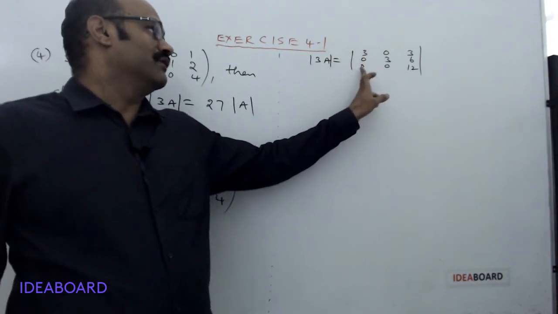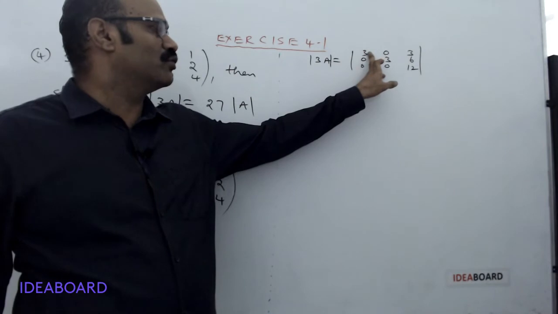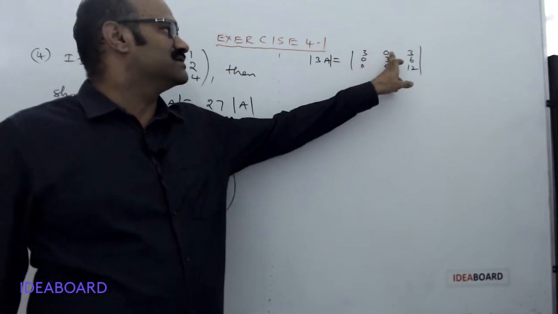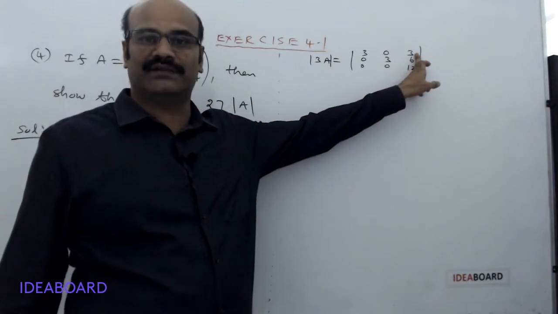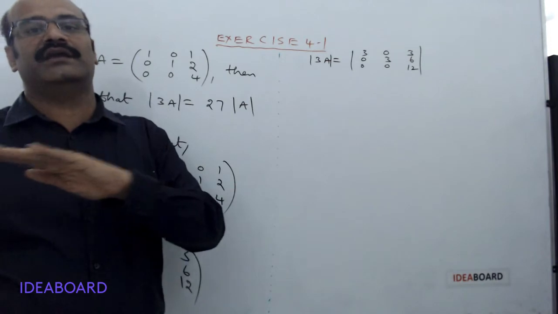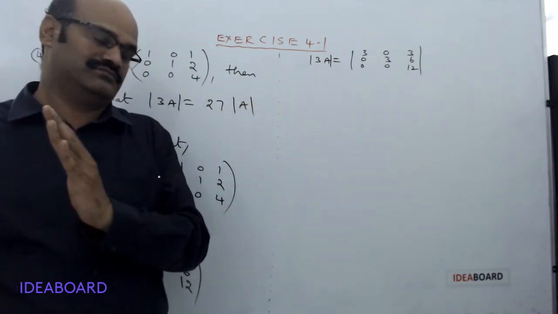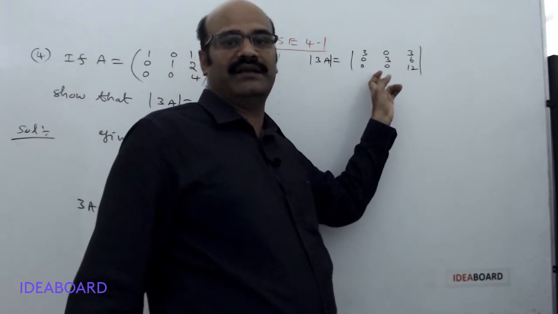So if you want to find the determinant of a 3 by 3 matrix, we have to take 3 into cofactor of 3 plus 0 into cofactor of 0 plus 3 into cofactor of 3. You can find the determinant of a 3 by 3 matrix along any row or along any column. There are 6 ways to find the determinant of a 3 by 3 matrix.